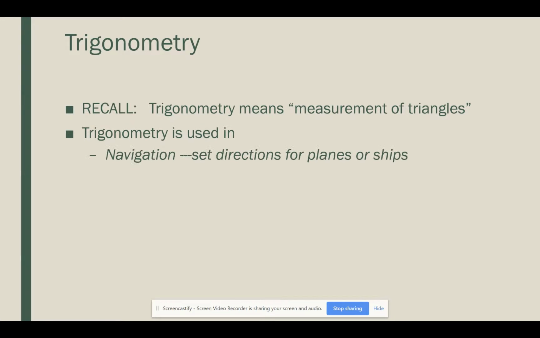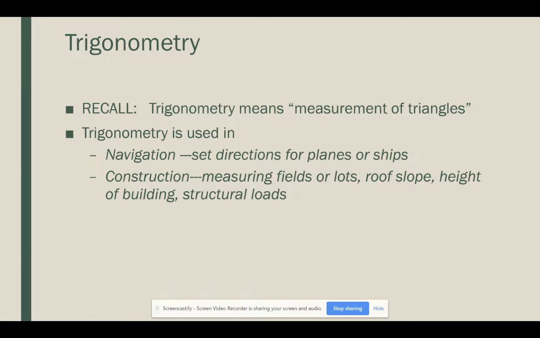And trigonometry is used in a variety of fields. One, it's used in navigation to help set directions for planes or ships. It's used in construction to help measure a particular field or lot to determine the slope of a roof, the height of a building, and even structural loads.